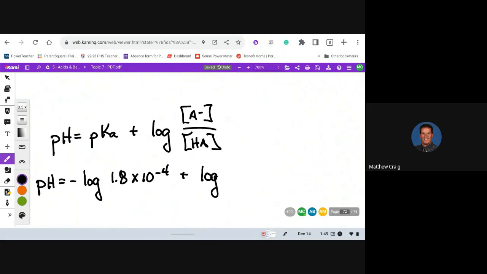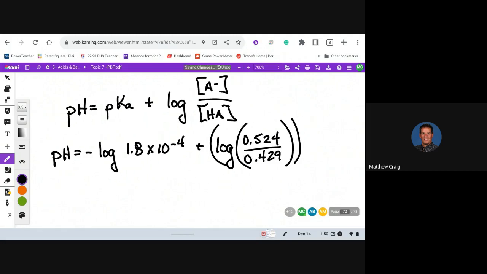Okay. 2.4. And the other one's 4.29. Now, when doing it on your calculator, watch the order of operations. So we'll find the pH first, which is kind of fun.